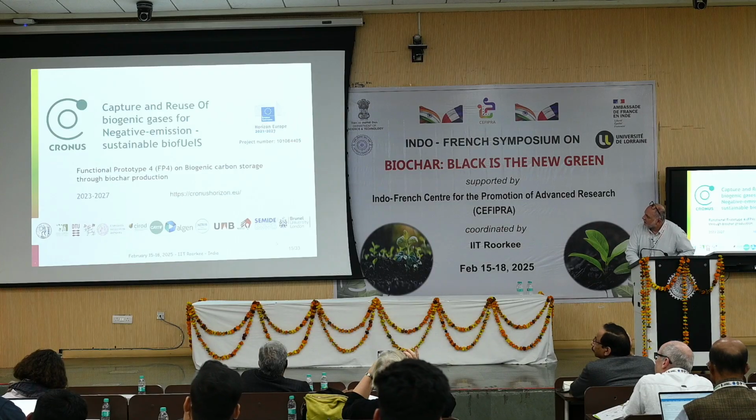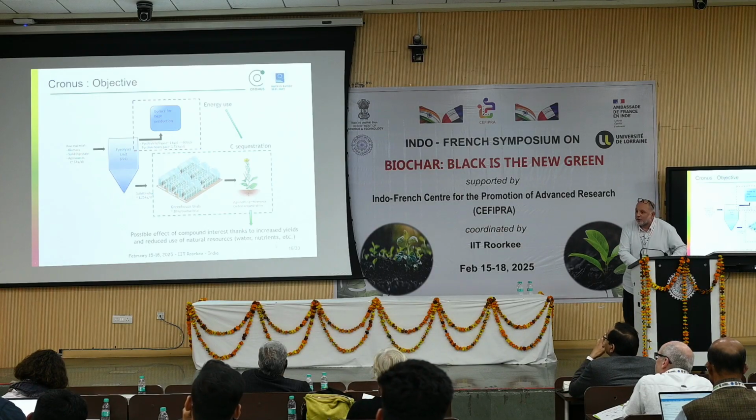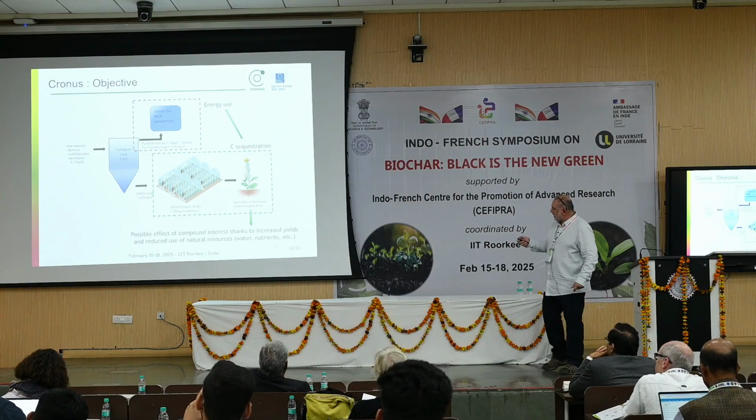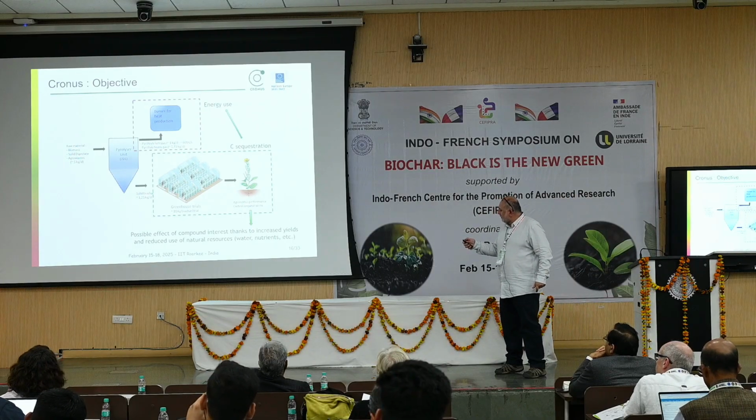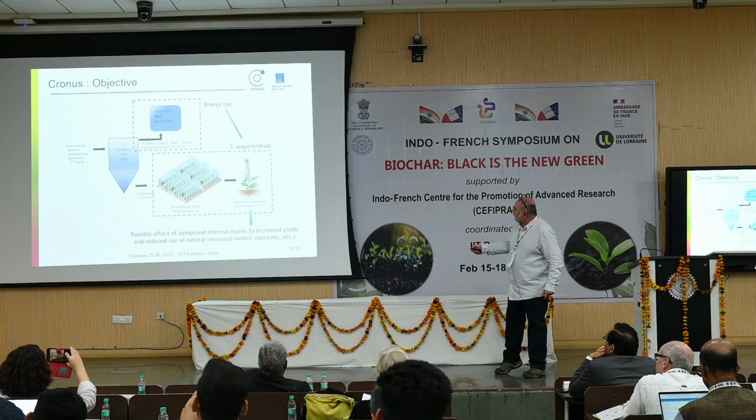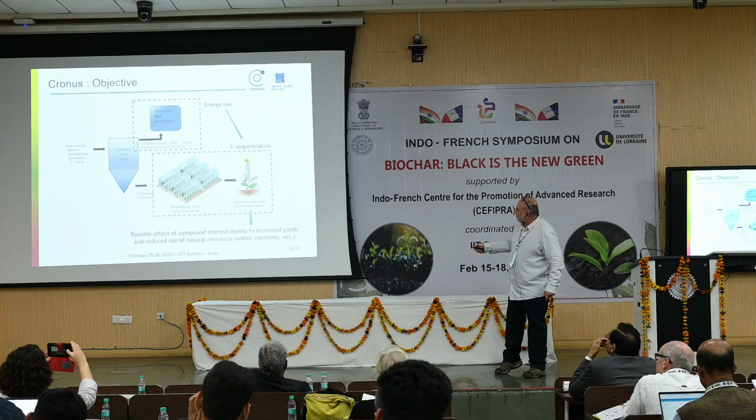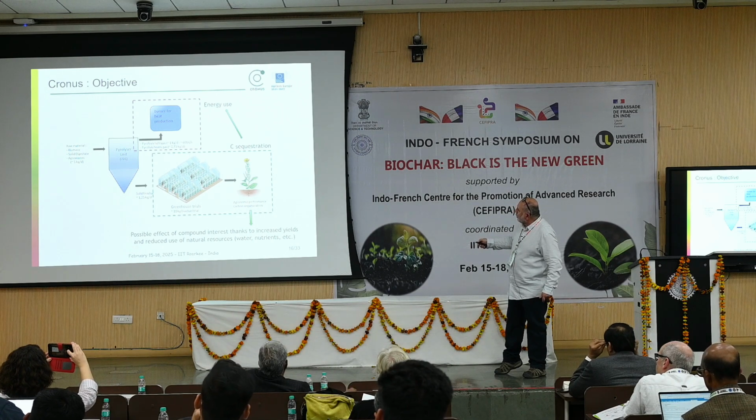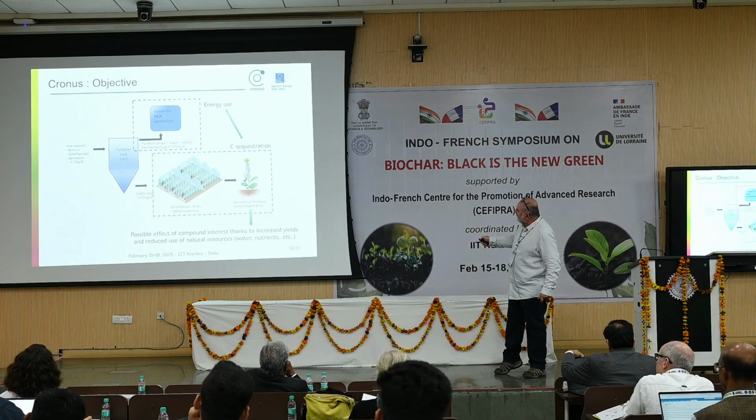And so, in this case, we are involved in the project, and the concept is exactly what we are discussing now. That means that we have a pilot plant here of pyrolysis converting a part in a co-product here to burn it for energy use.